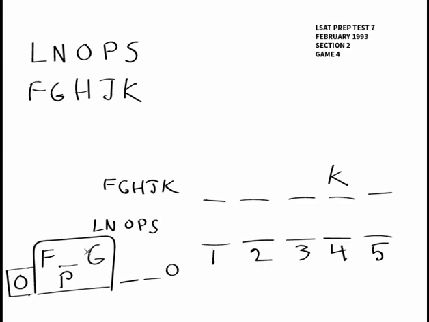And once you have that, it's starting to look like this is a big chunky block. And one thing to developing your skills as the test taker is you need to quickly spot when the possibilities are getting kind of limited. So like just looking at this F and G, it can go here, right?